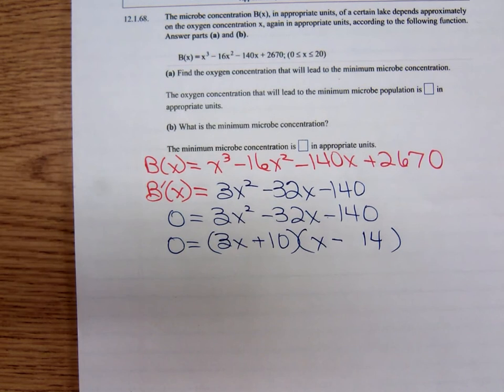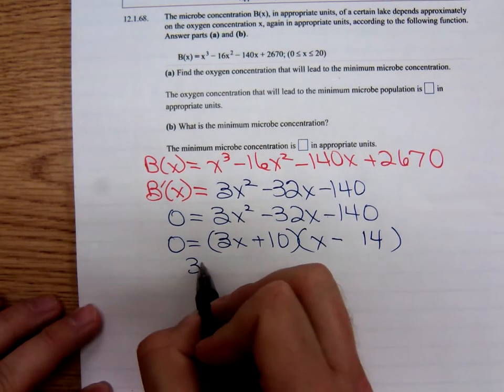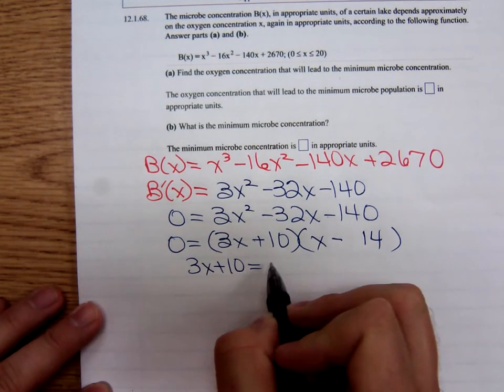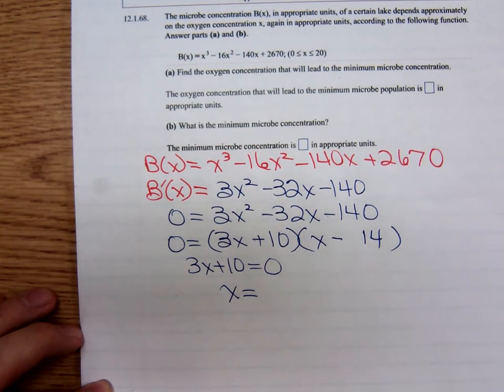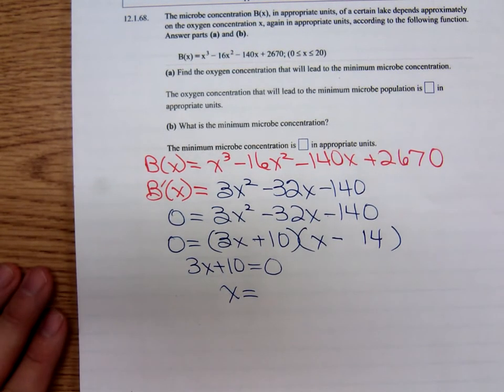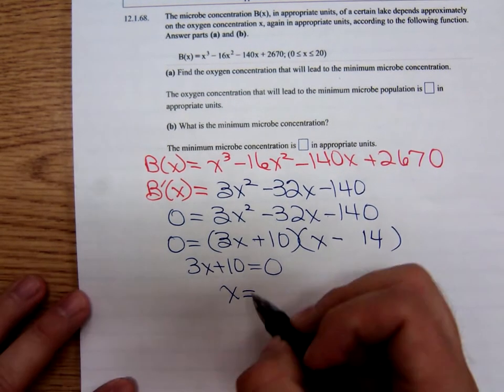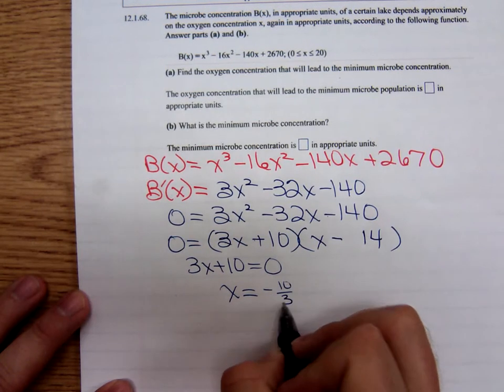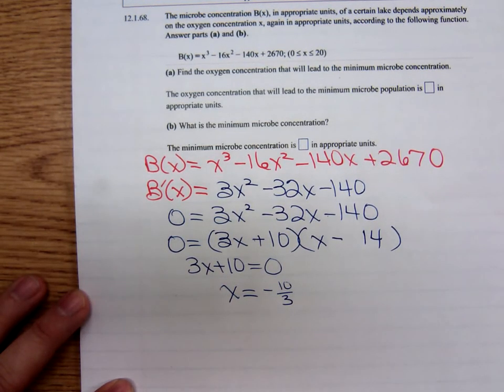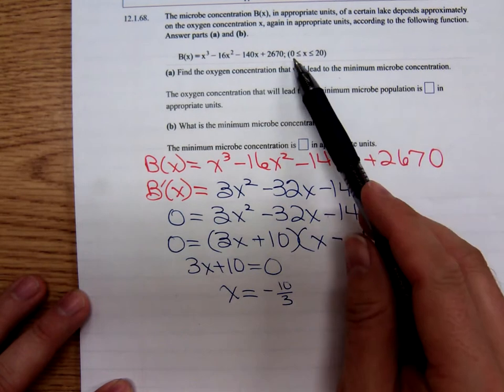What are they? Setting 3x plus 10 equal to 0, we're getting a negative 10/3. Is that okay? Is it between 0 and 20?